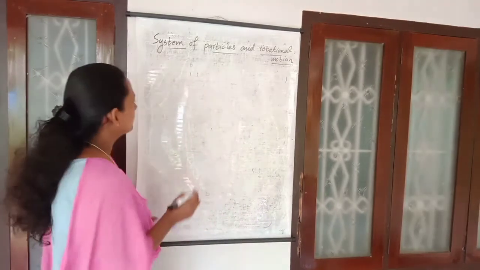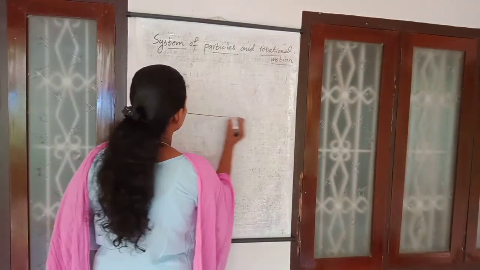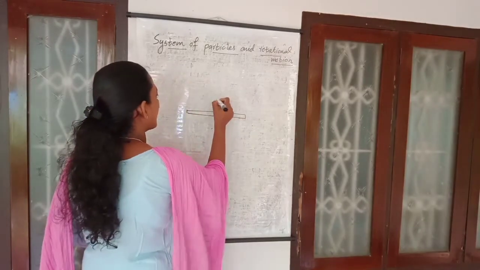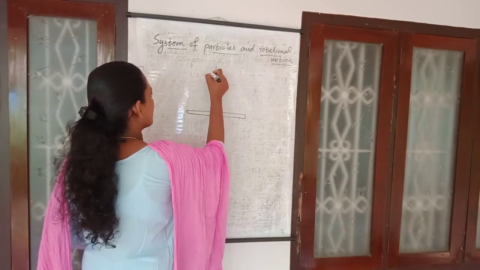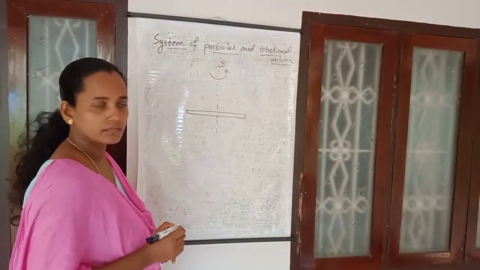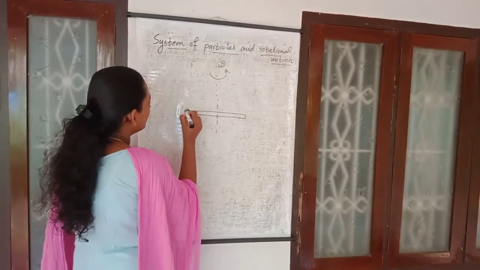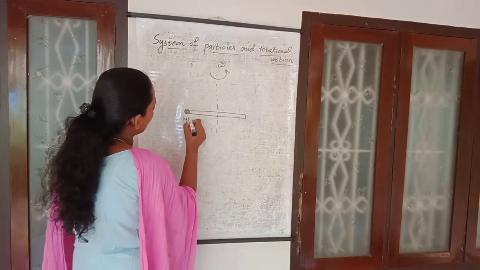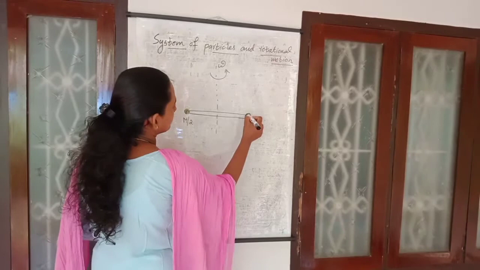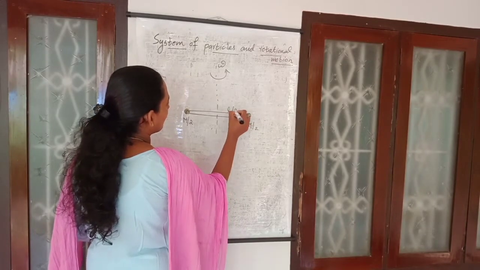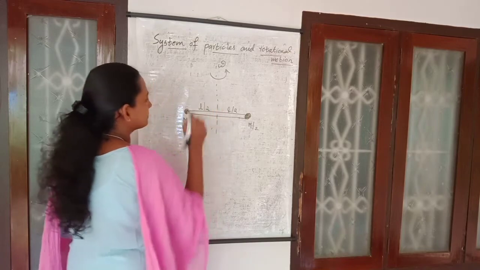For example, suppose there is a long rod of total length L, which is rotating about an axis passing through its center with an angular velocity omega, and at both ends a mass is attached, the mass of each ball is m/2, and each ball is located at a distance of L/2 from the axis of rotation.